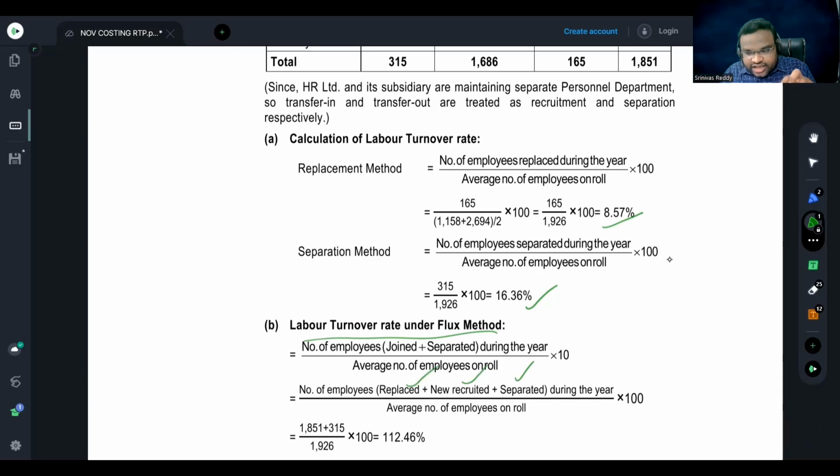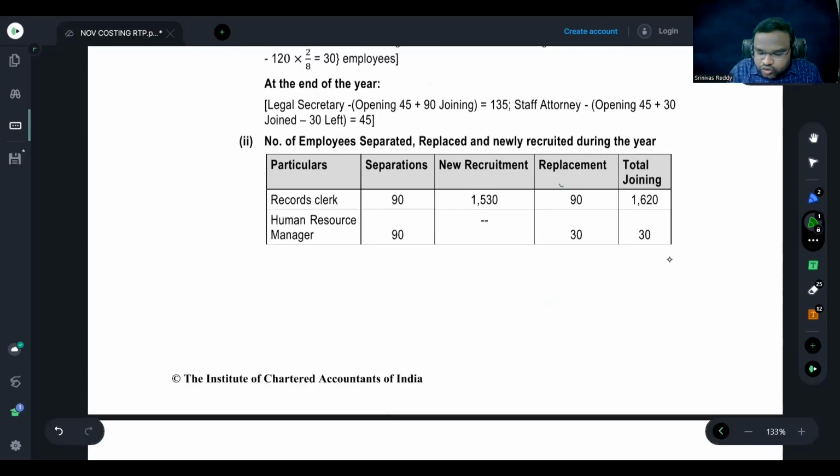Separations plus accessions. Accessions means new joinings, including replacements, right? We have worked out replacement, separations, and new recruitment. Out of total joined, if I reduce replacement, that would be the new recruitment.